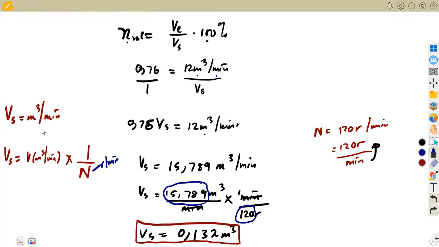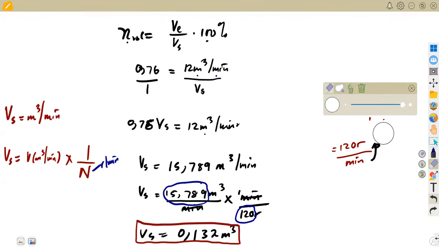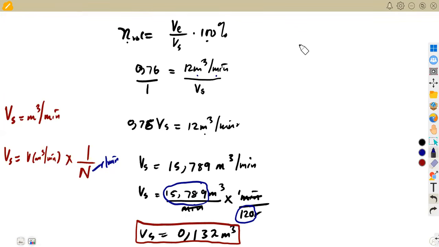All right. So I think with this short formula, we can summarize this way. On this question, we're supposed to simply say from our VS here at this part that we got in cubic meters per minute, because we've got our volume in cubic meters per minute. If you are given cubic meters per second, you are supposed to multiply by 1 over n, whereby n is in revs per second.